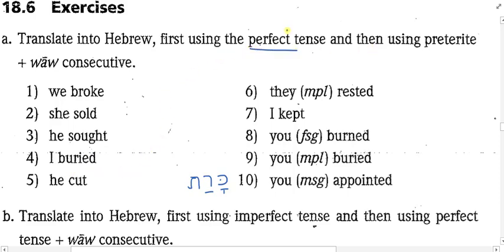Okay? And then the second way is to use the preterite plus vav consecutive, or what I've referred to as the WCI, or the vayiqtol form. And so we need to use a prefix conjugation form for the next one. Now, what would it be? I'm going to use my 3 root letters from karat, but here I have to use a prefix for he, which is which prefix consonant? It's the yod, right?